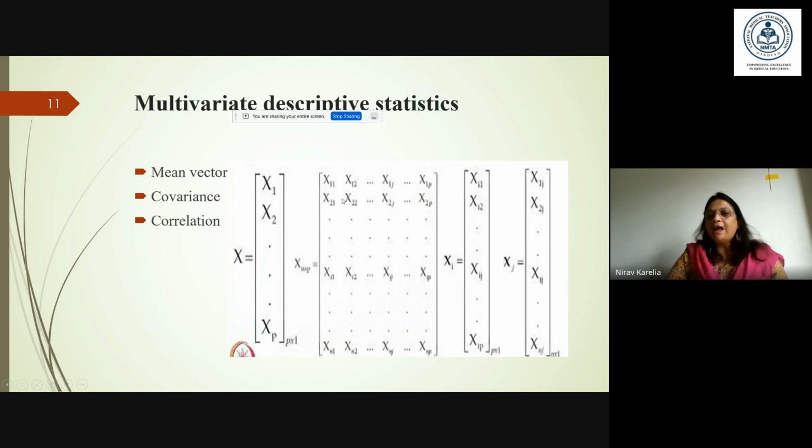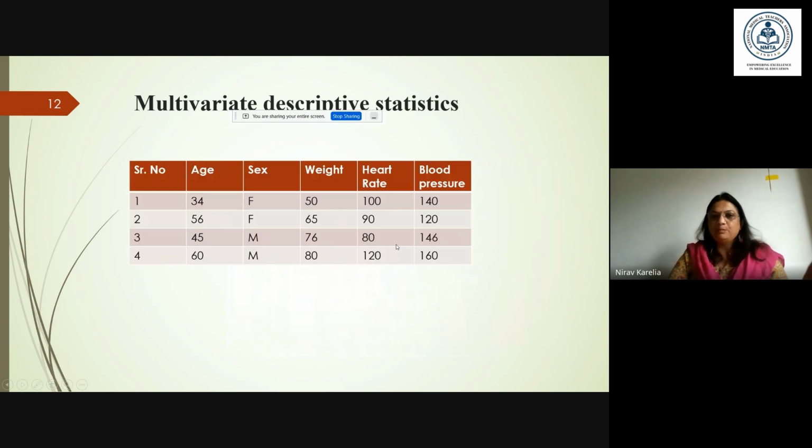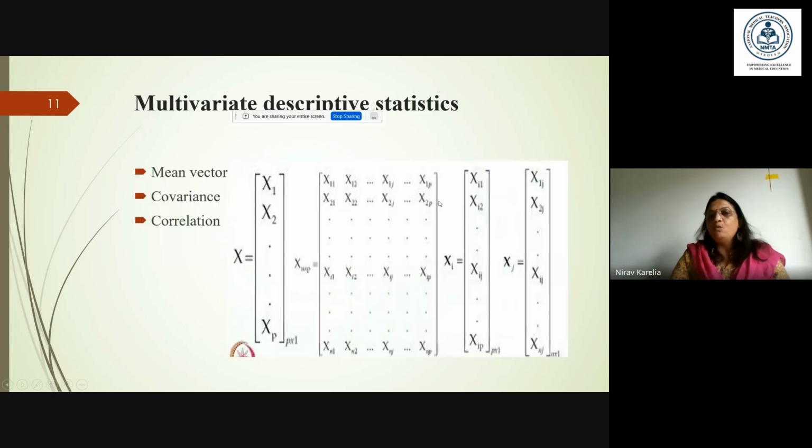Then I have not considered the other variables at the same time, because I neglected them. But in multivariate analysis, all the variables are applied at the same time and calculated in the form of matrix and vector, and they consider all these covariances and correlations.